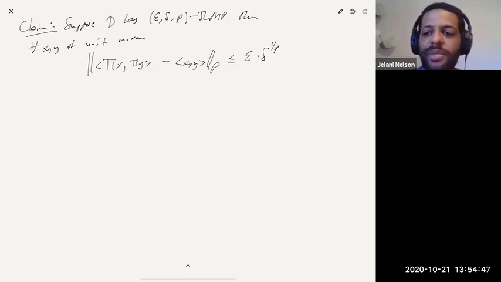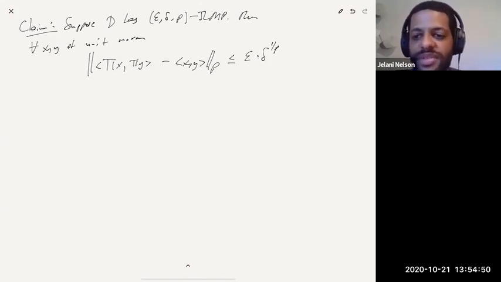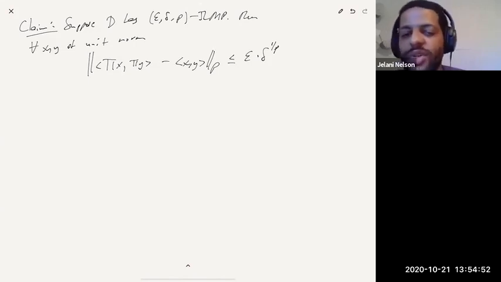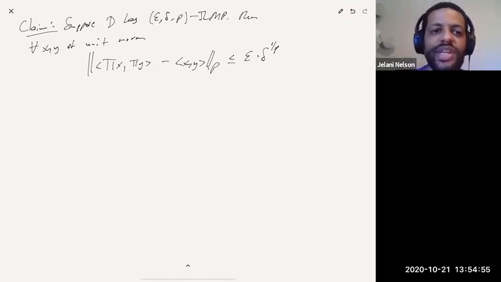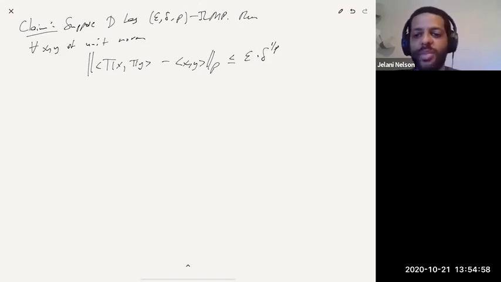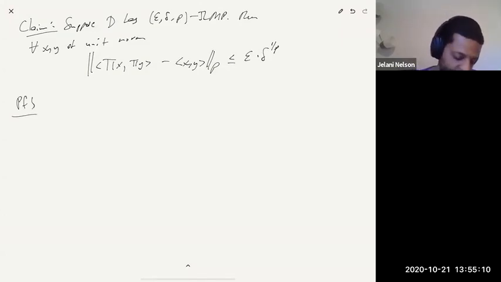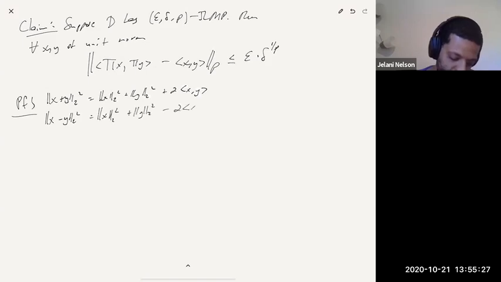So the definition of JL moment property just says that you preserve norms, that your moment bound on the difference of the norms is small. And just having that alone implies the same bound on dot products. Okay, and why is that true? The proof is similar to something you've already seen: x plus y L2 norm squared is equal to x squared plus y squared plus twice the dot product, and x minus y squared is equal to x squared plus y squared minus twice the dot product.